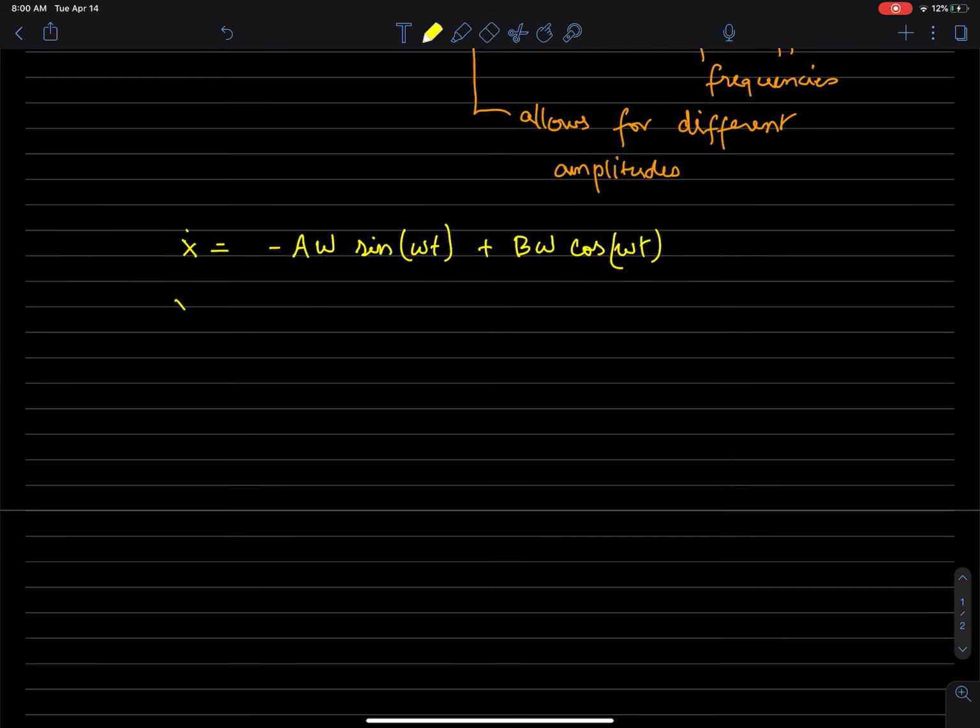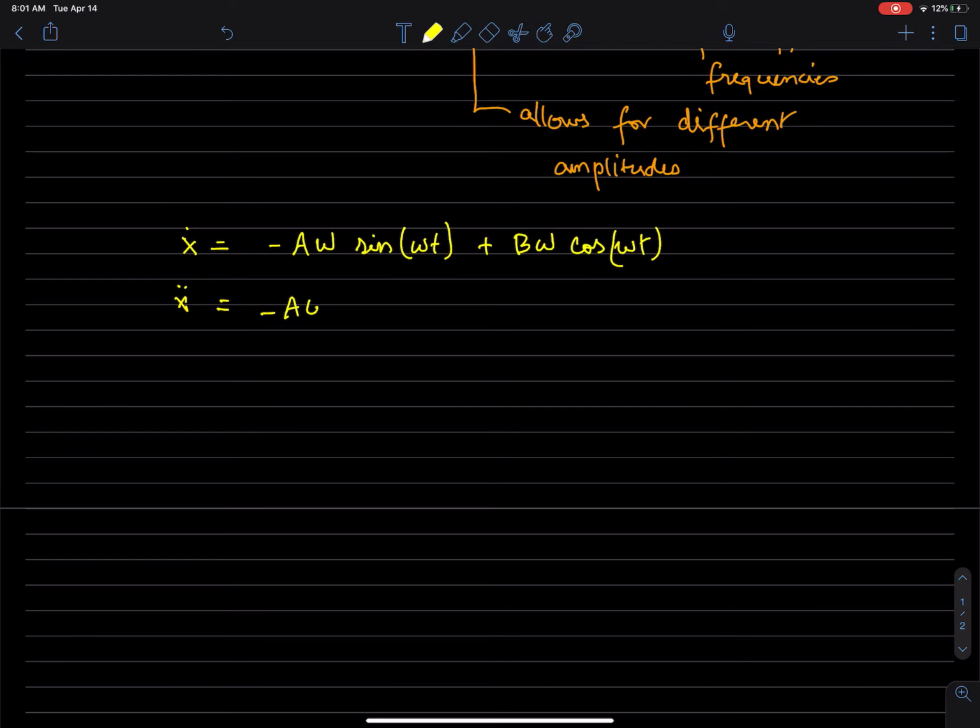And then we differentiate again. The omega comes out of the sine and cosine again. So we have minus A omega square cosine omega t minus B omega square sine omega t.